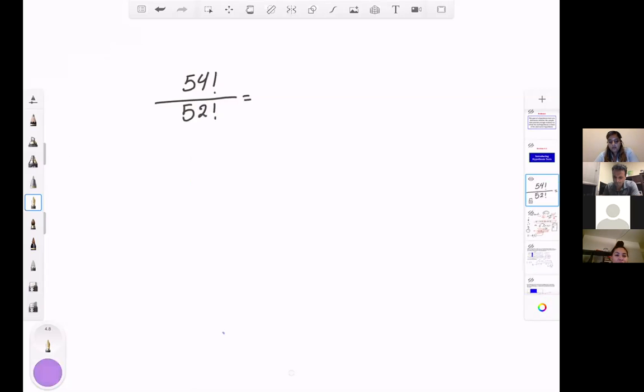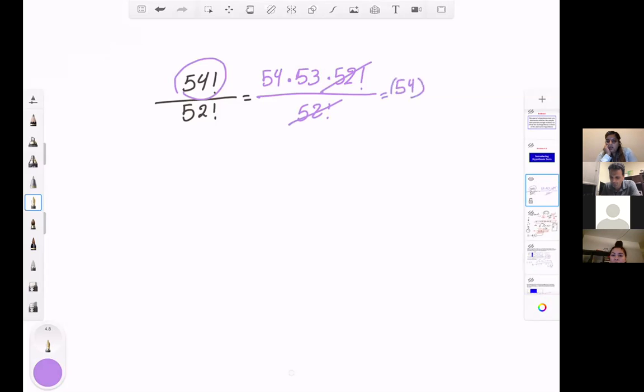Yes. 54 times 52 over 54? No. 54 factorial means 54 times 53 times 52. I can stop there. Divided by 52 factorial, these two will cancel. So the answer will be 54 multiplied by 53.